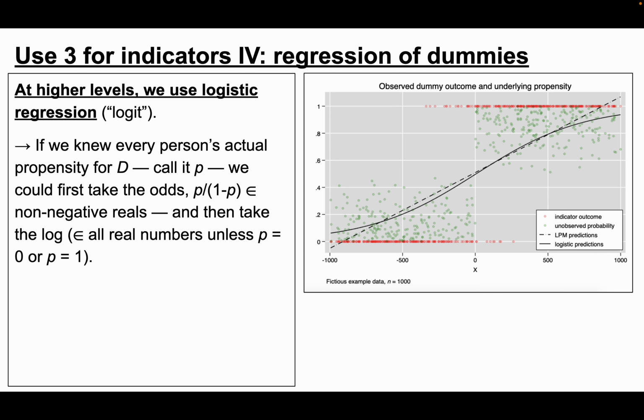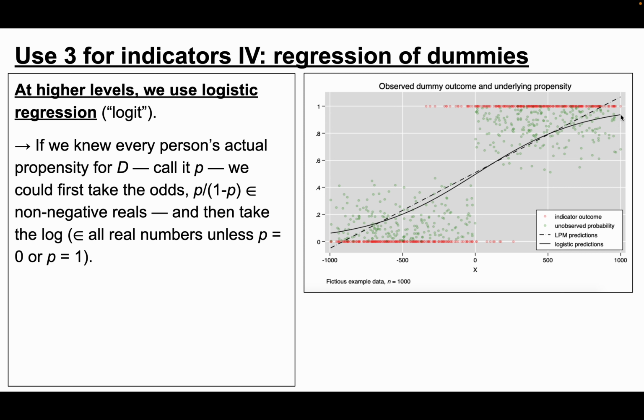So how does this work? Well, what we're doing here is saying, okay, let's assume that the underlying propensity that leads to this model has some kind of a sigmoidal shape. And again, the reason for that is nice, because that would mean that it's not possible for anyone to have an underlying propensity of, say, 110% or negative 10%, because sigmoid shapes are kind of naturally bounded here.